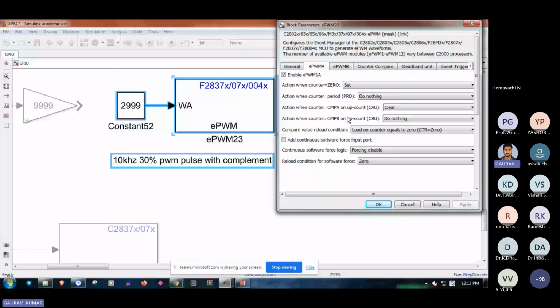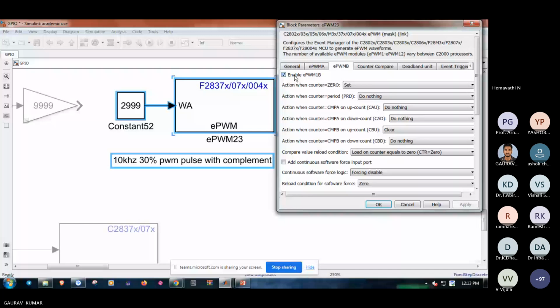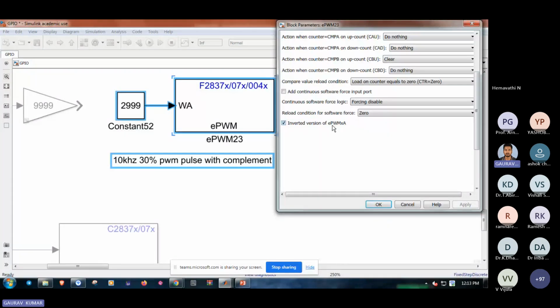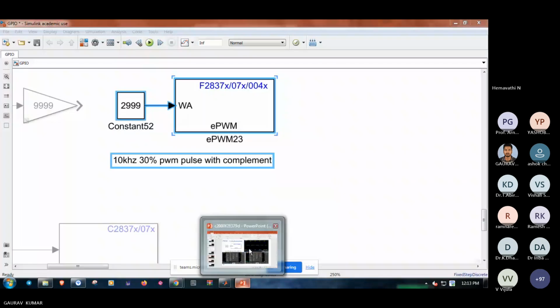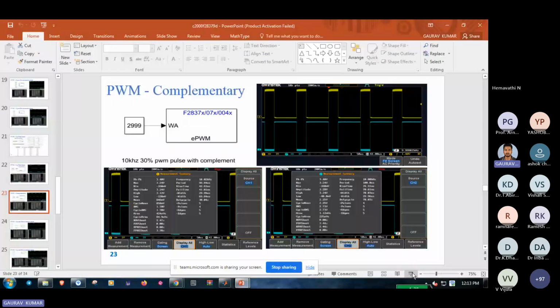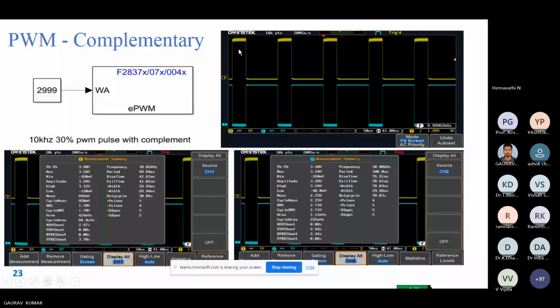You have to turn it on for the complementary process. Enable EPWM, and you just have to select the inverted. Then you can get the inverted pulse. So this is the inverted pulse you can see on the output. This is the 30% duty cycle, the first one, and the second one is 70%.